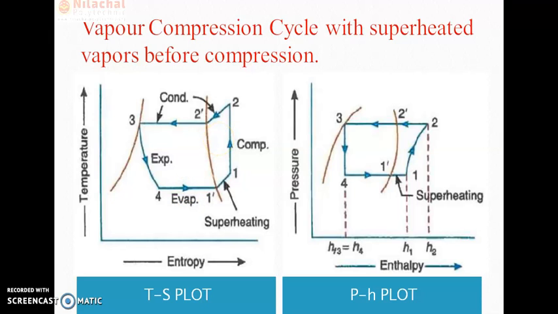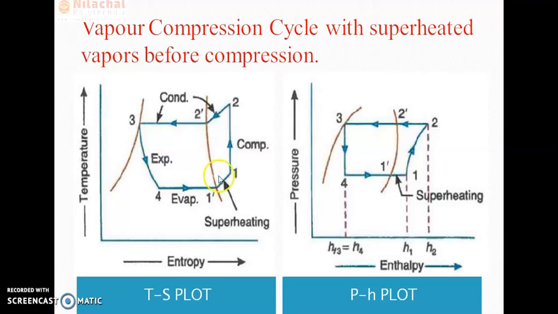So let's start from the evaporator. In this cycle the heat is extracted in two stages: firstly from 4 to 1 dash, and from 1 dash to 1.